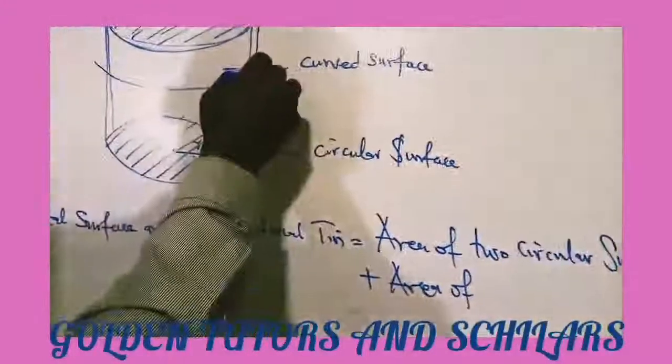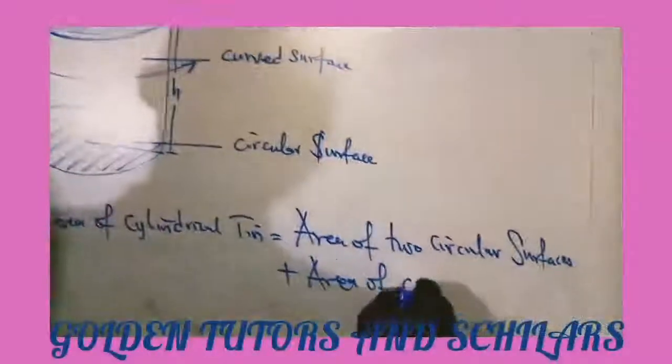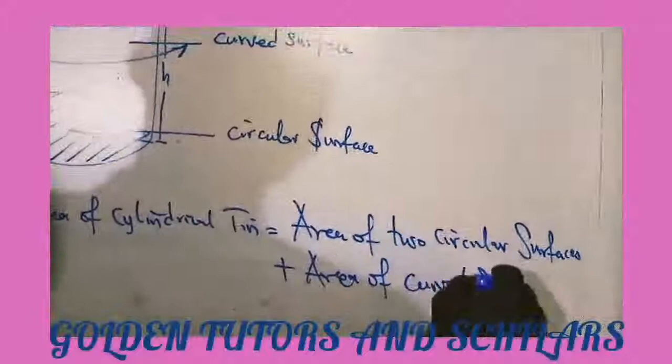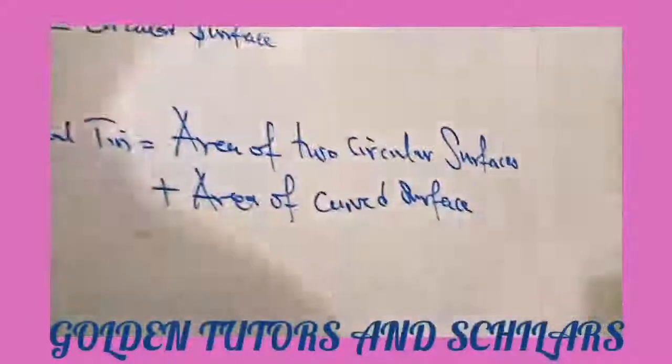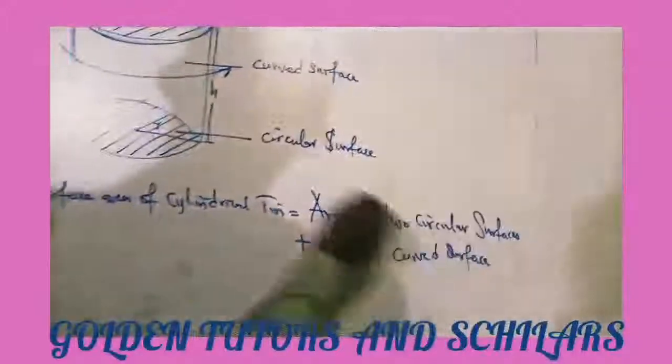This is the curved surface. You go around it, just a curved surface. So the total surface area of this cylindrical tin will be area of the two circular surfaces.